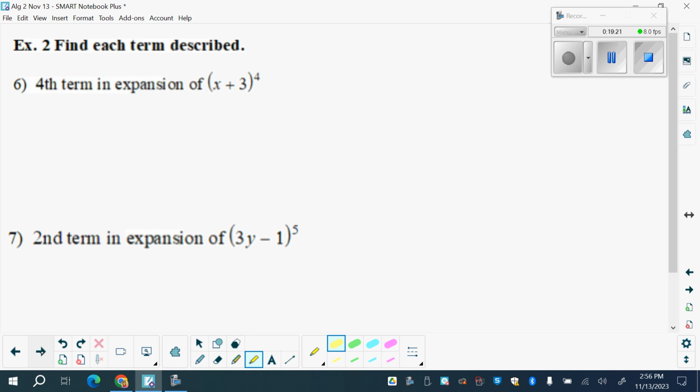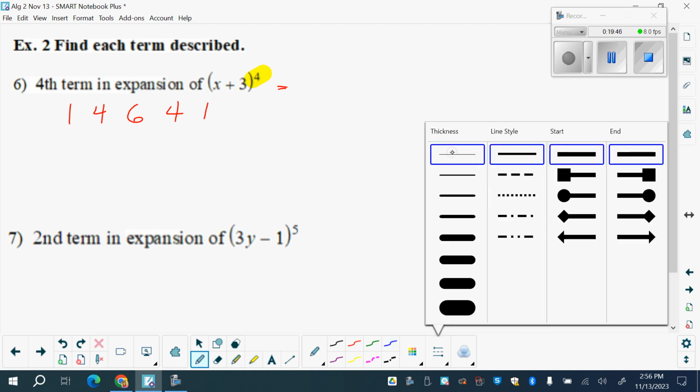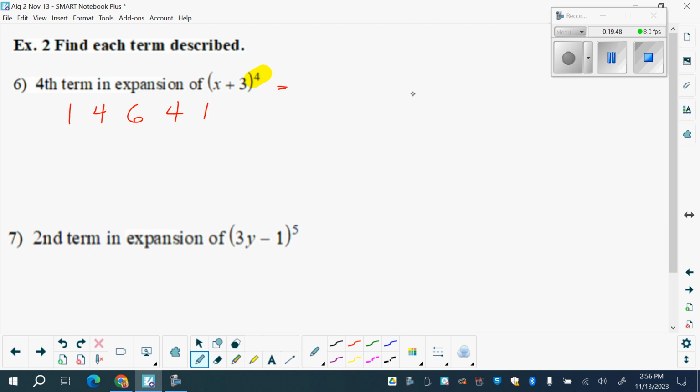So we're going to start out by doing just what we did before. Coefficients on 4, exponent would be 1, 4, what comes next? 6, 4, 1. Okay, so the x starts with the 4.